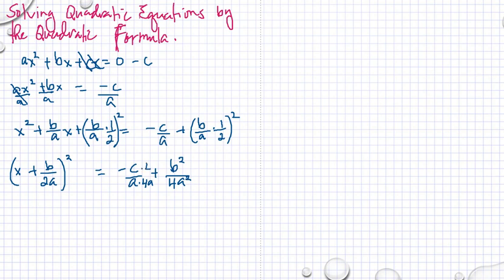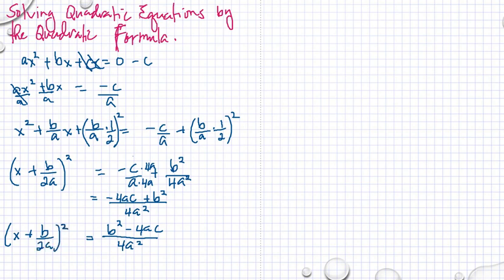So we have negative 4ac added by b squared divided by 4a squared. If we arrange that, it will look like this: b squared minus 4ac divided by 4a squared. We have x plus b divided by 2a, squared.